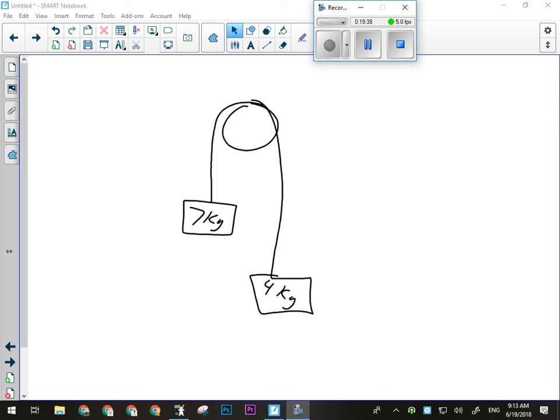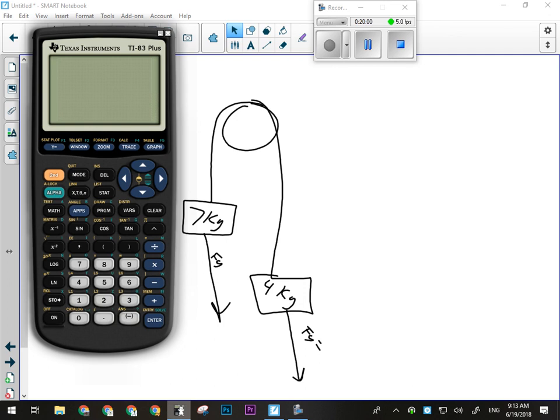Had I asked for the acceleration of the system, you wouldn't have been able to put a vector on that because the parts of the system are moving in different directions. All you'd have been able to do was give me a value, a magnitude. So we have to identify the forces that are acting here, right? We got a force of gravity here, and we got a force of gravity here. So we got to calculate those two things.